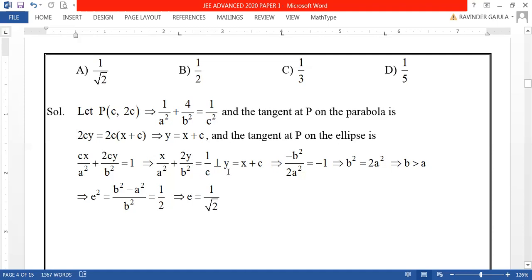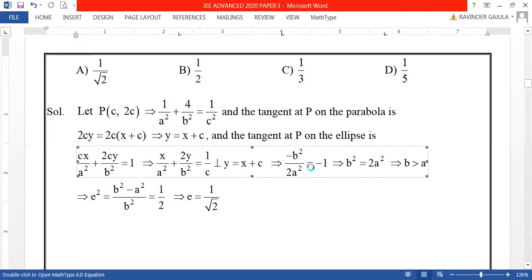Now this is perpendicular to the tangent y equal to x plus c. These two are perpendicular, so the product of slopes is minus 1. But what is the slope here? Minus of x coefficient by y coefficient, so minus 1 by a square by 2 by b square, which is minus b square by 2a square, into the slope of the other one, which is 1.